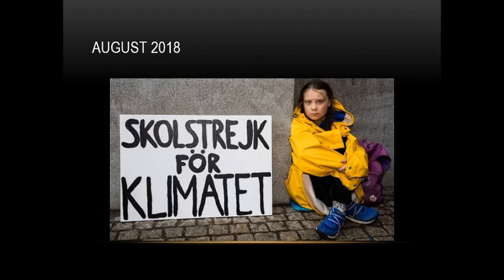Here's another example. This is Greta Thunberg, for anyone that doesn't know her. She started off all by herself campaigning in Sweden for the climate. This is one of her first weeks, I think, and that's led to mass protests on Fridays all around the world.